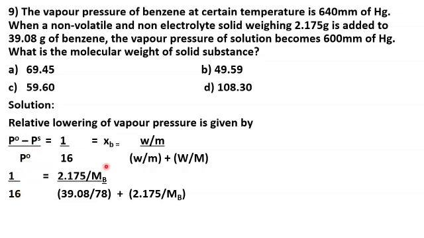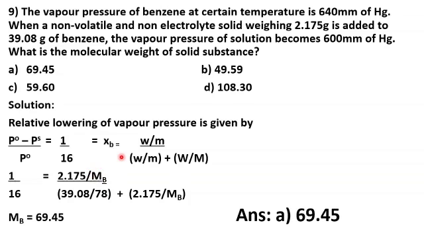Solve this equation for MB. After solving, you will get the value for MB as 69.45. Hence the correct option is option A, 69.45, the molecular weight of the solid substance.